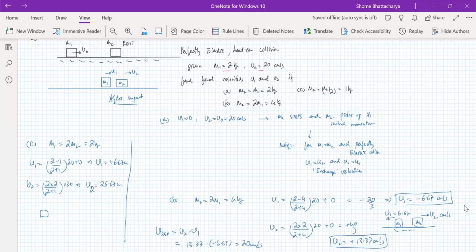In this case, after impact, M1 continues in the same direction, but with a reduced speed of 6.67, and M2 is running away at a faster speed. And once again, the separation velocity is equal to the approach velocity.